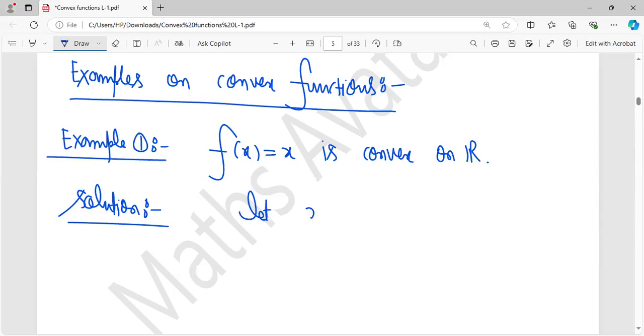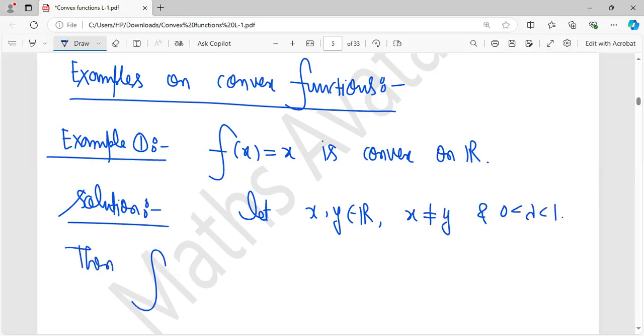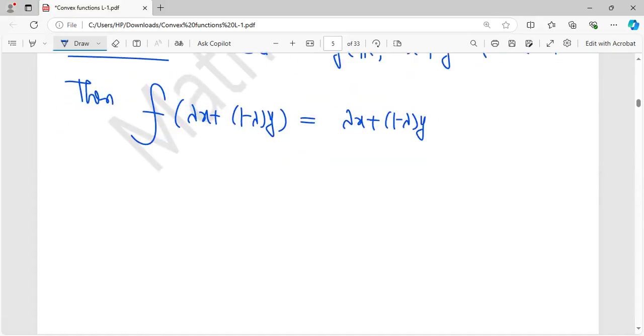So let x, y belong to R, x not equal to y, and I'm taking lambda in this range. Then what is f(lambda x + (1 - lambda) y)? Okay, so this is lambda f(x), and this is (1 - lambda) f(y).